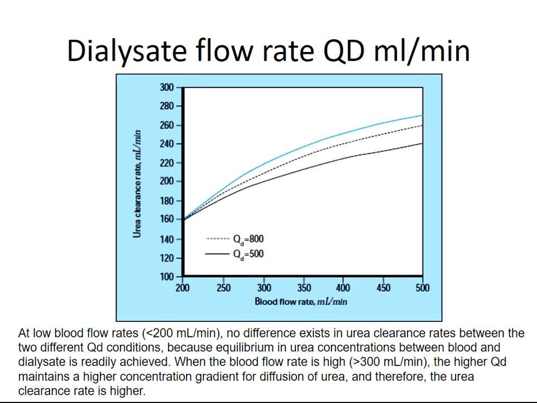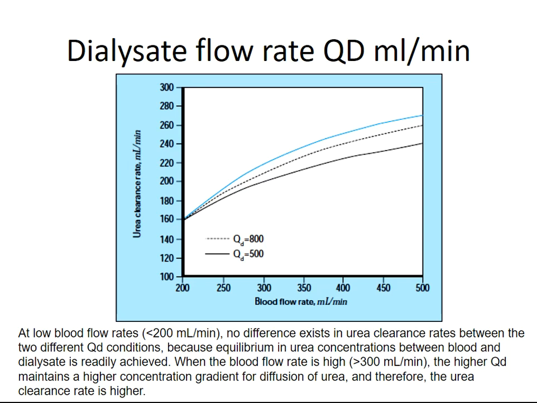Also, the dialysate flow rate can improve the clearance value. At blood flow rate below 200 mL per minute, no difference exists between the dialysate flow rates in urea clearance, because equilibrium in urea concentration between blood and dialysate is readily achieved.